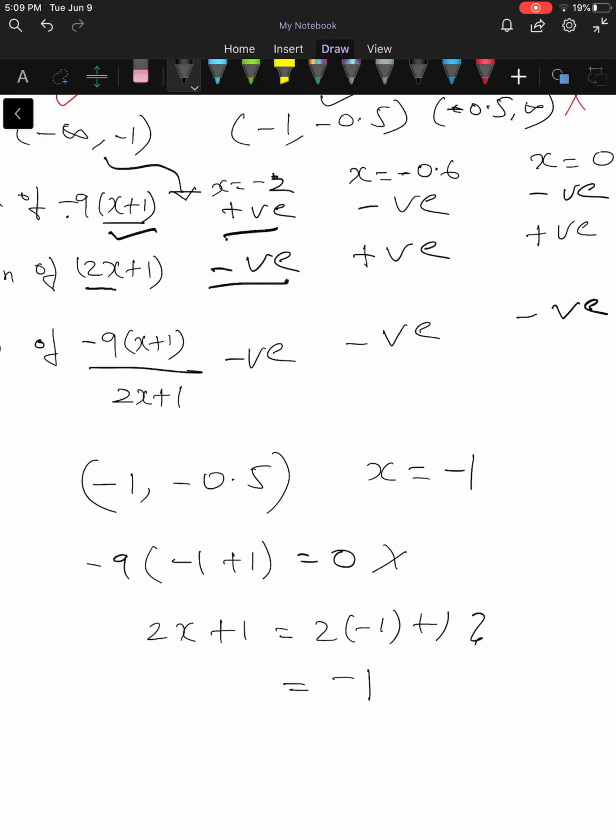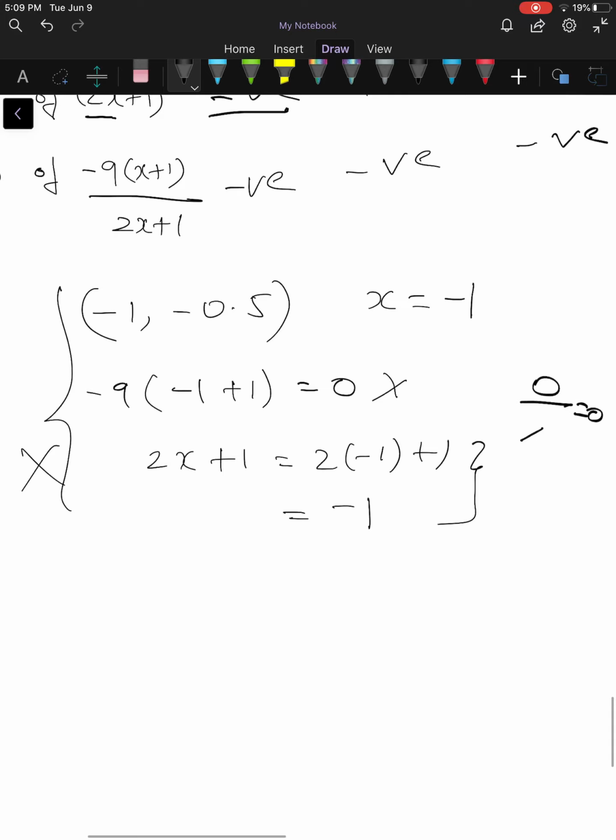It doesn't matter what the denominator is, because once the numerator is 0, the fraction will turn out to be 0. So negative 1 is ruled out.